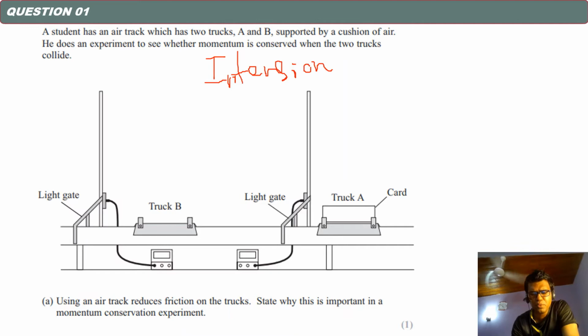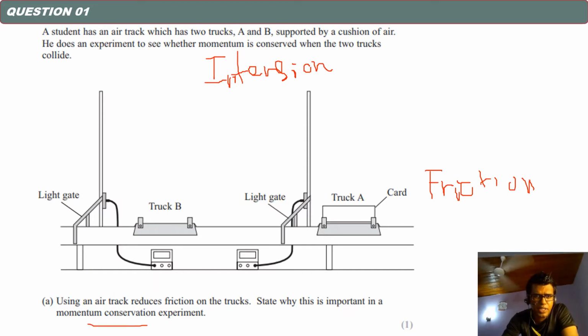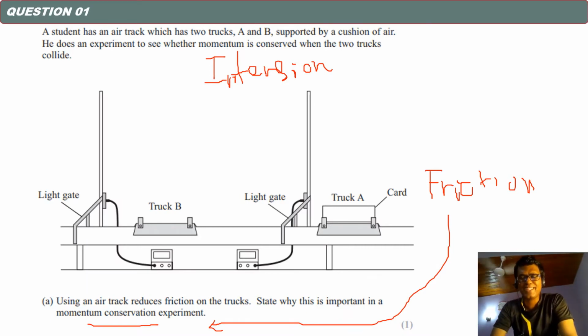So what is the relationship between friction and conservation of momentum? We need to see the link first of all, between friction and conservation of momentum. So let's see what the conservation of momentum is. The momentum of a closed system is conserved.